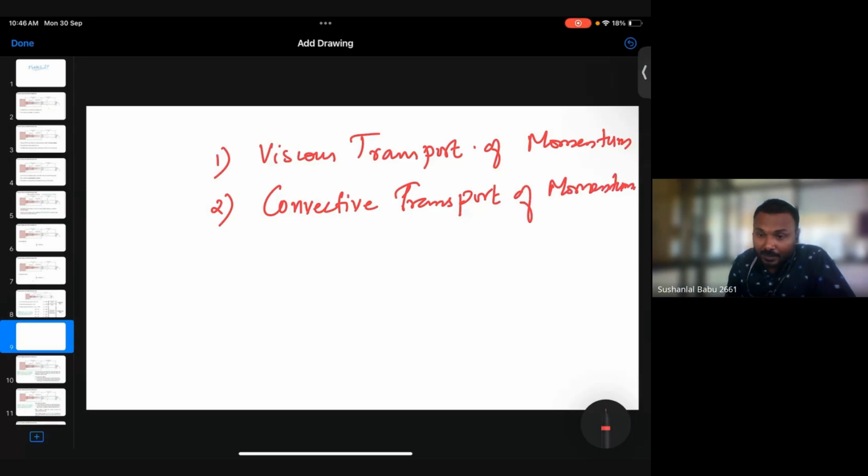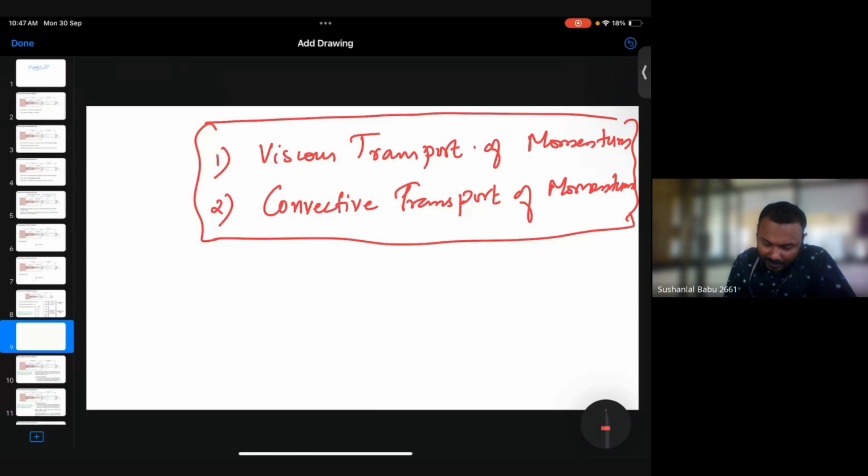We can discuss that in the next class. These two things we will discuss in the next class: viscous transport and convective transport.